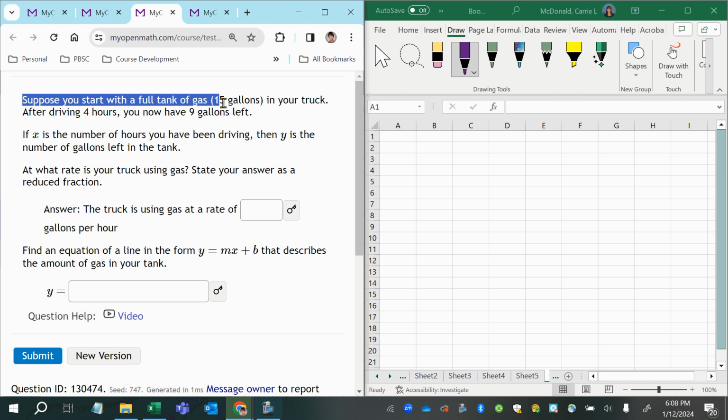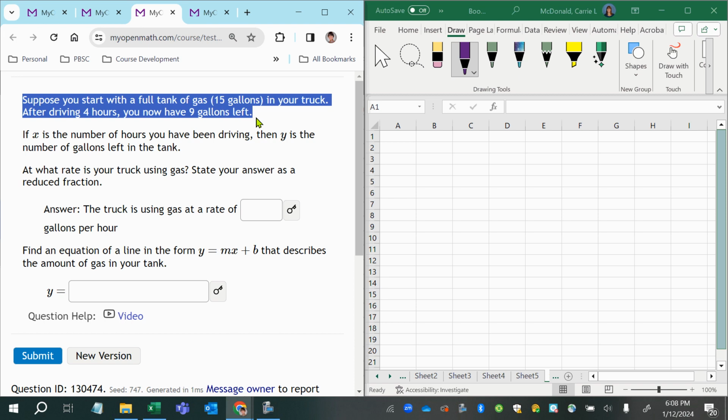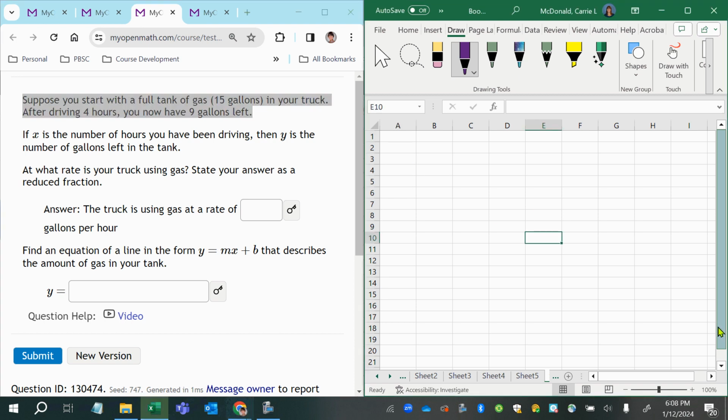Suppose you start with a full tank of gas, again, 15 gallons, and after driving 4 hours, you now have 9 gallons left. So again, we have 2 ordered pairs. I don't know why I do that backwards. X is hours and Y is gallons.